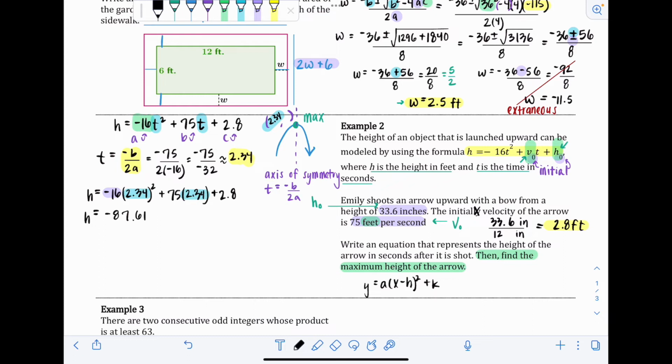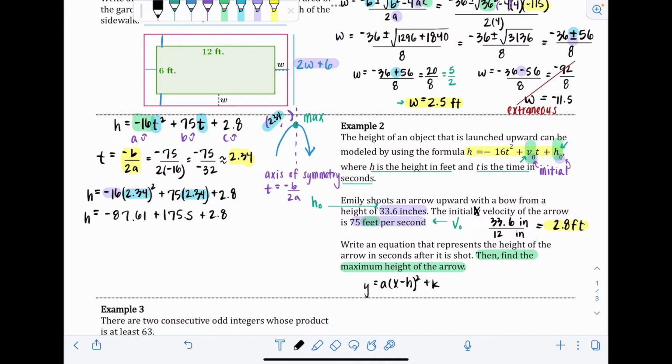And then for 75 times 2.34, it's 175.5. And then plus 2.8.